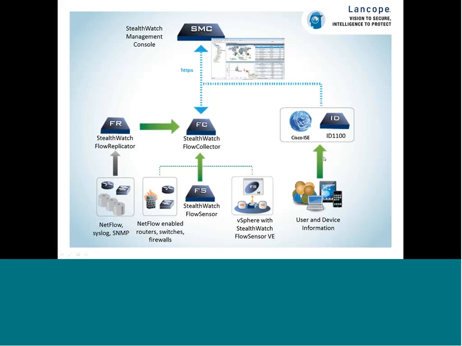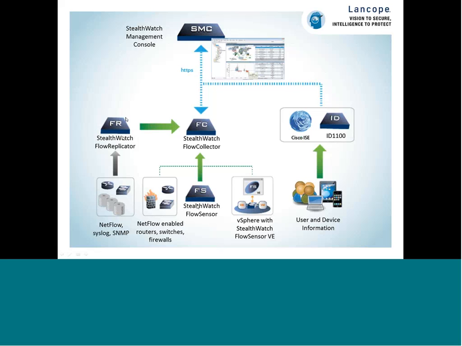We can also integrate in user information with identity solutions from Cisco, for example, here with ISE, or with this ID 1100 product. And this lets you integrate this solution with your identity environment and attribute flow data and alarms and alerting to individual users, so we can see who was involved in particular flows at particular times.